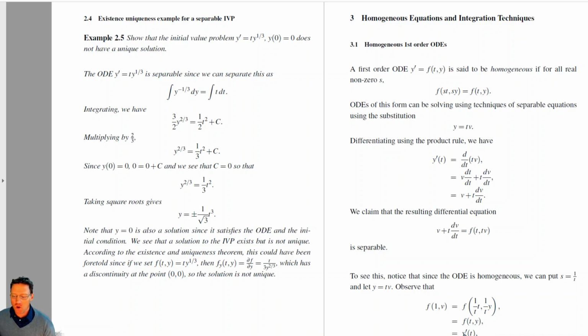Remember that y dash of t, according to our calculations using the product rule, is v plus t times v dash of t. So we'll see that this is separable, because we can put the v's with the v's and the t's with the t's and integrate the result. Let's move on and look at the next page.